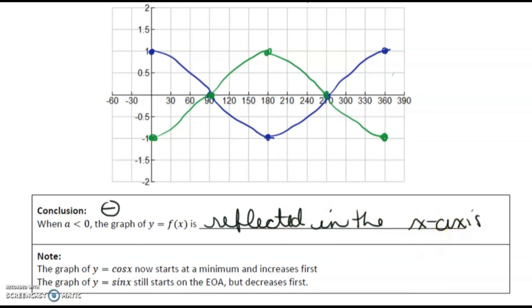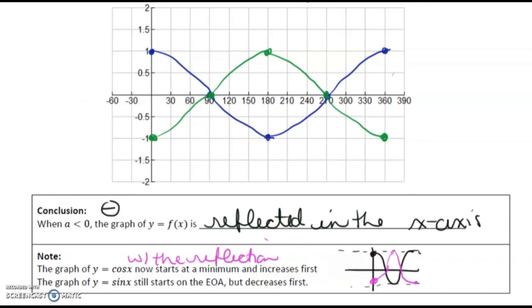Just to note, the original graph of cos starts at a maximum, goes to a minimum, and back to a maximum. Now with the reflection, it starts at a minimum, goes up to a maximum and back down to a minimum. So it starts at a minimum and increases first.